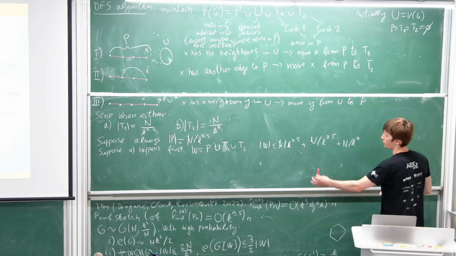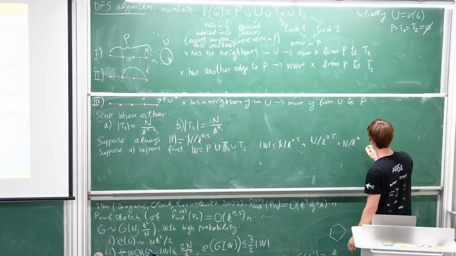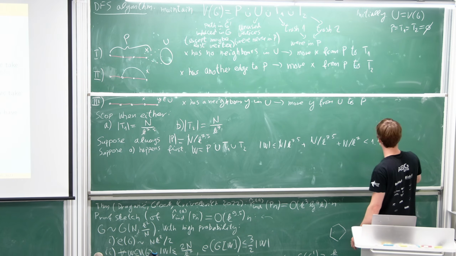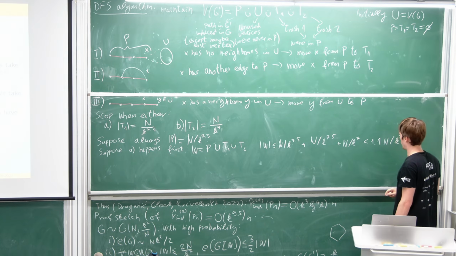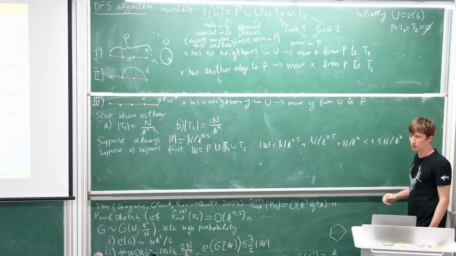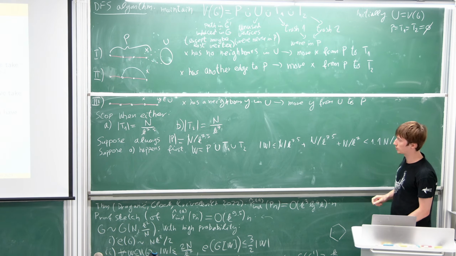Okay, if you gather all these up, these two are small. This is the biggest term, so it's at most 1.1 times n over k to the 7.